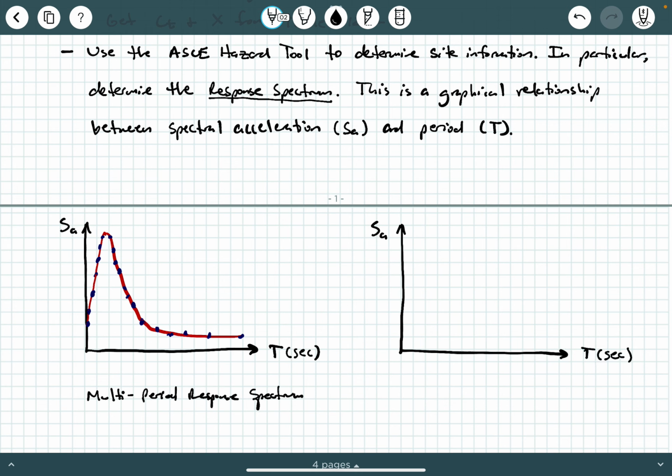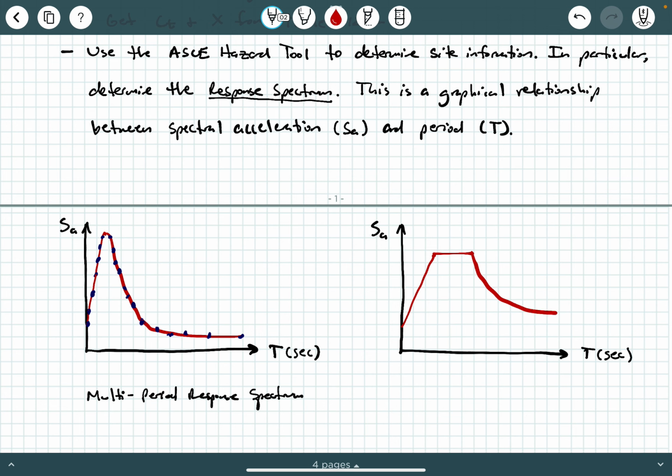Now, the 2-period response spectrum is like this. It's linear, and then it flattens out, and then you have two nonlinear segments here. I'm sorry, I drew that a little wrong. This is a little bit up here. The first value has a non-zero SA value.